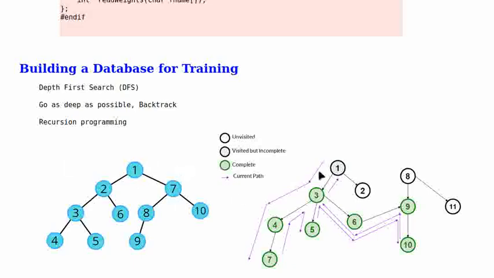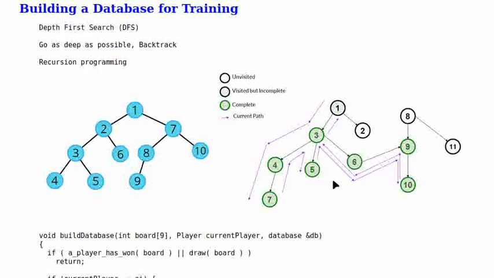Now here's another example. We start from 1, and go as deep as possible. So we go to 3, 4, 7. Backtrack to 4, and then 3, and visit 5, and go back.